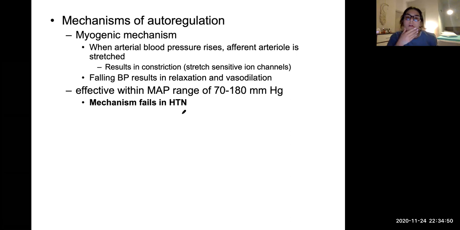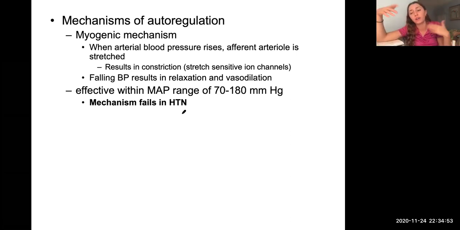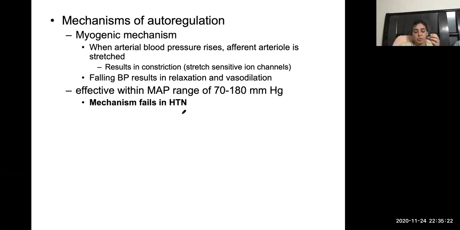You don't want it too high, because bigger things can get through, and you don't want protein or cells in there. You don't want any RBCs, platelets, or white blood cells. You want water, sodium, and all that stuff, but you don't want cells.